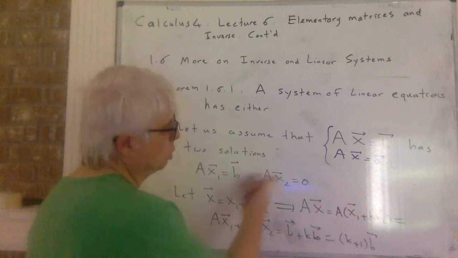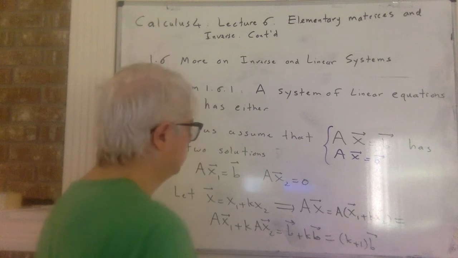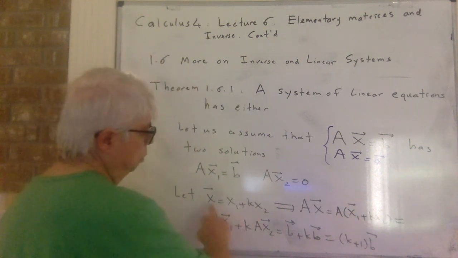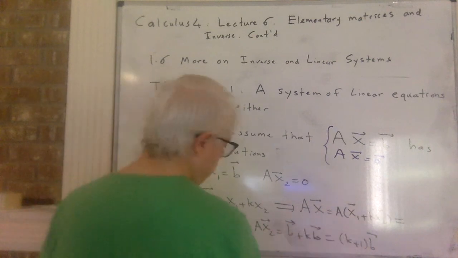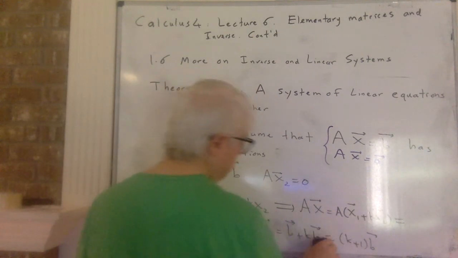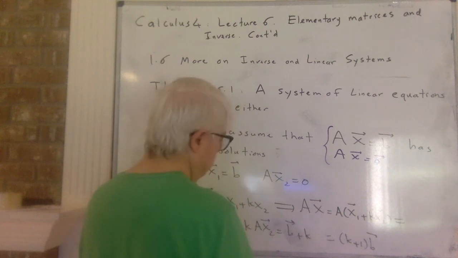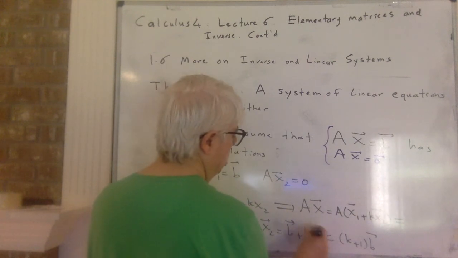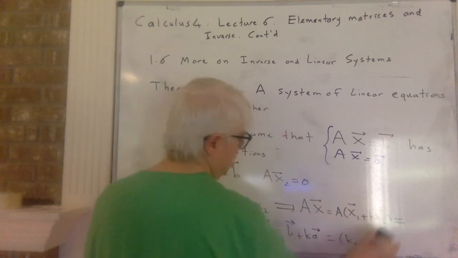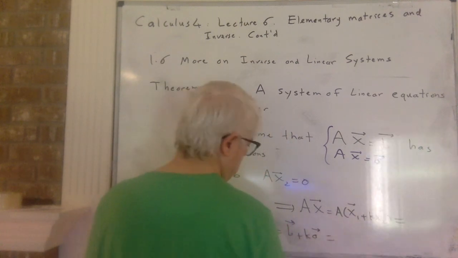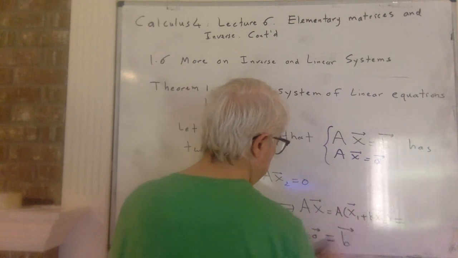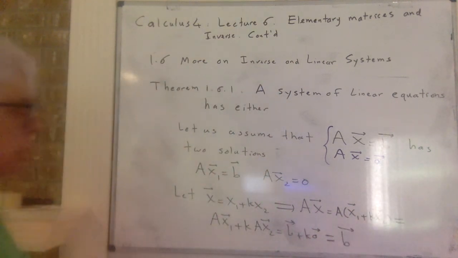There is at least one solution, that is 0. So if I do the same thing, this one is b and this one is k times 0, and I will get b back.